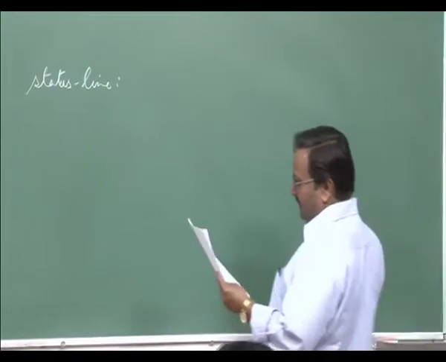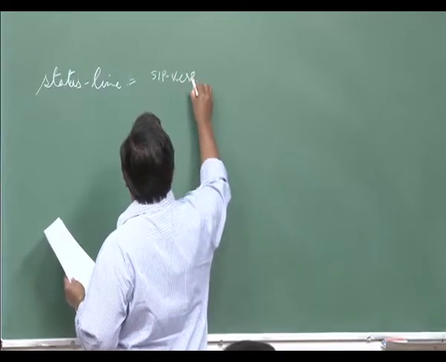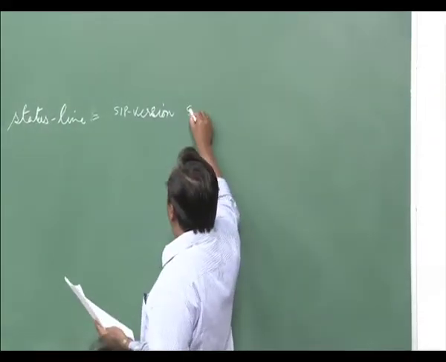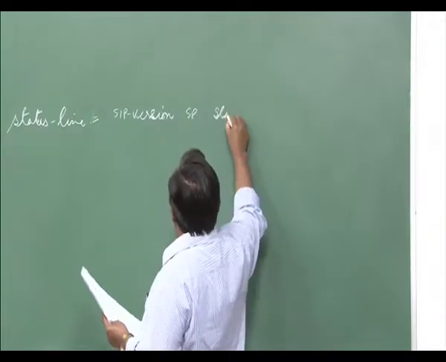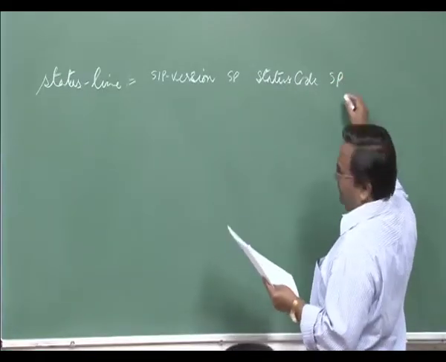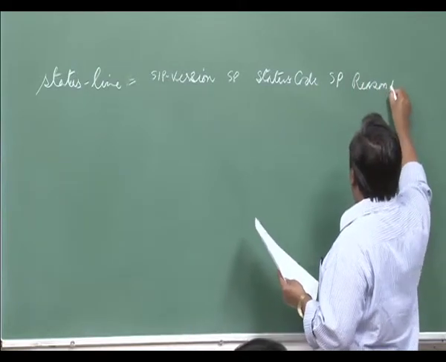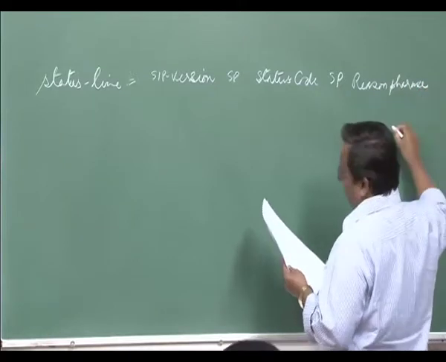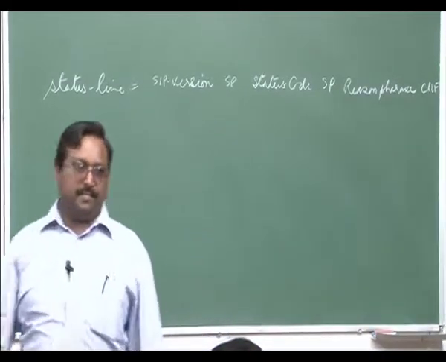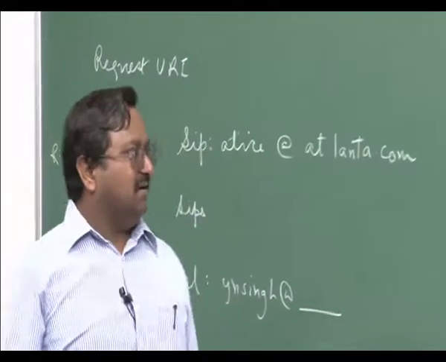The status line will be written as: it should contain a SIP version, a single space character, a status code, another single space character, and then of course a reason phrase, and in the end you have to have CRLF, the carriage return line feed characters, which have to be present. That is the BNF definition for the status line.